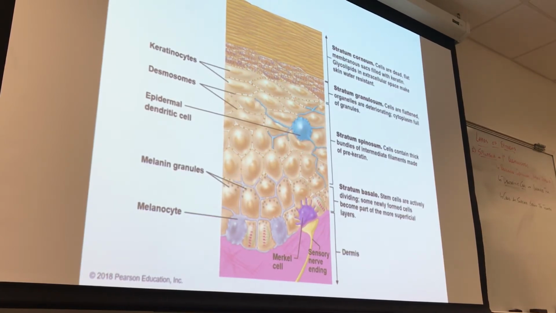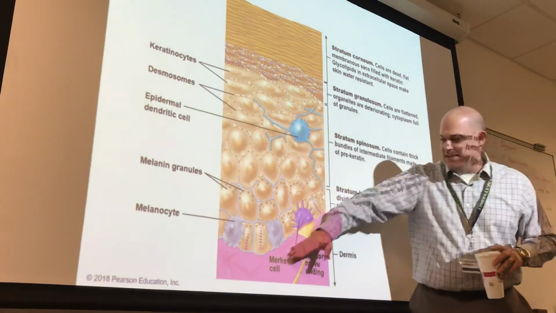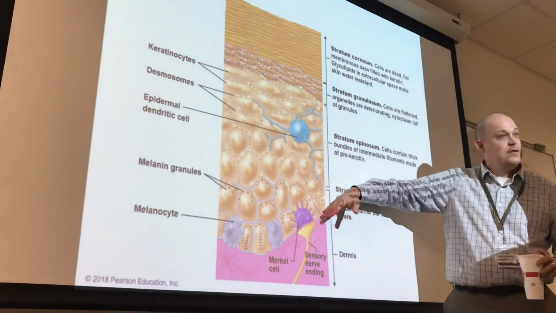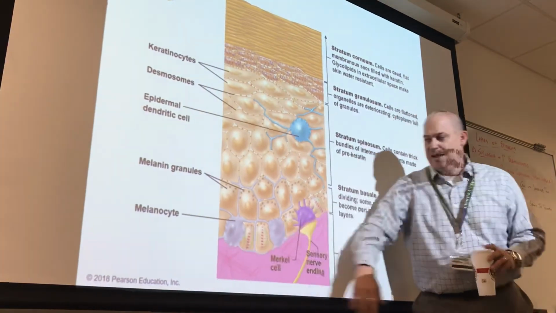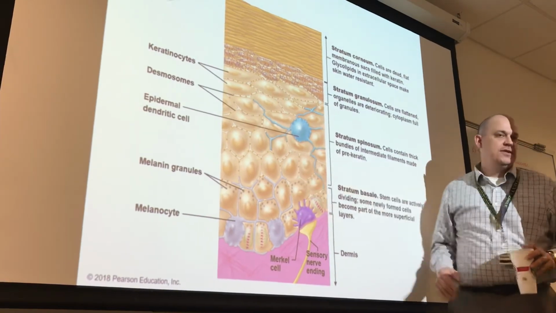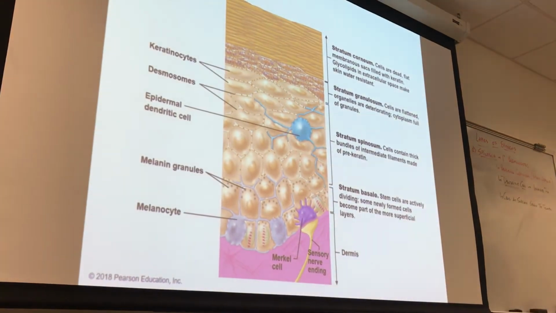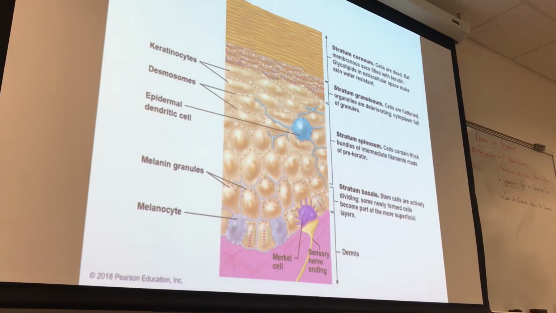It doesn't have blood supply. So the blood supply to our skin ends right here. So as a result, how do you think these cells gain their nutrients? What cellular process, which we talked about right after we talked about organelles, do you think the epidermis uses to gain its nutrients and oxygen?